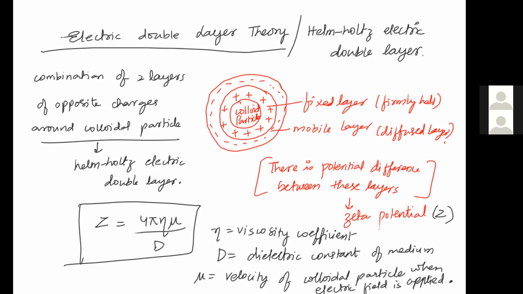I'm clearing it. Silver nitrate reacting with potassium iodide gives rise to silver iodide and potassium nitrate.